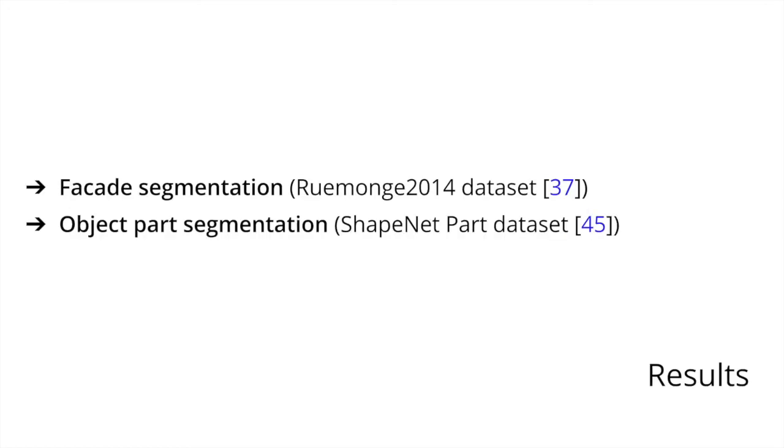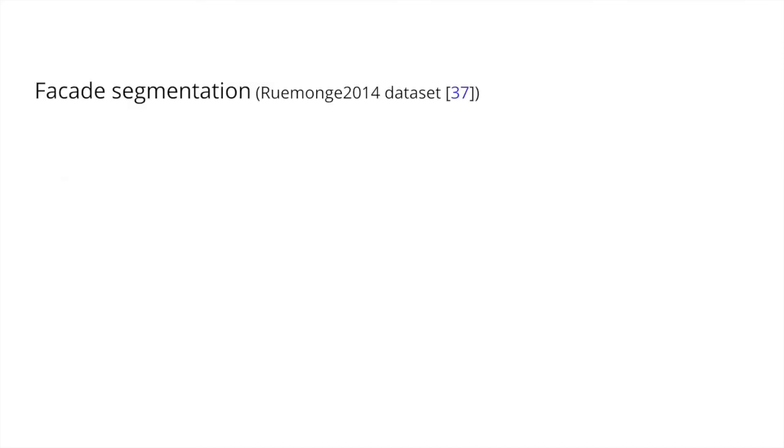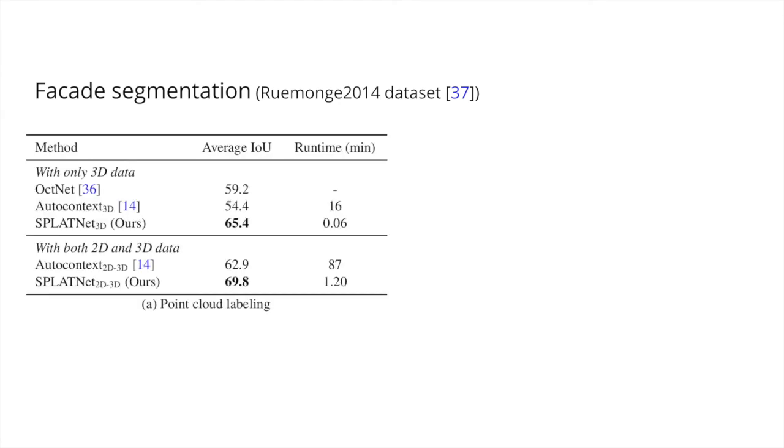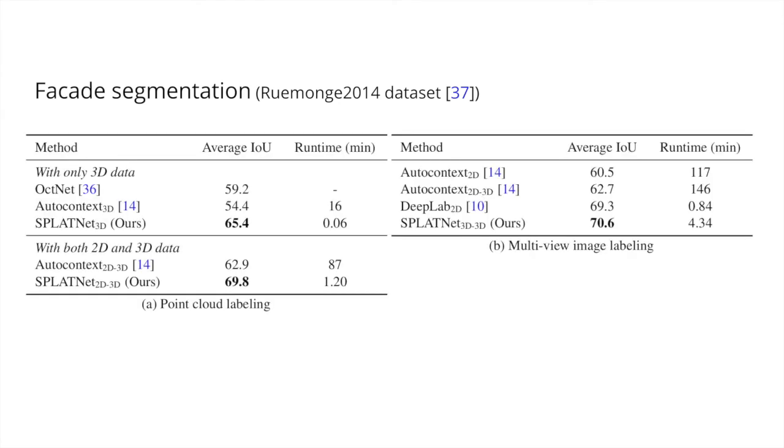We now present results on two tasks, facade segmentation and object part segmentation. On the RueMonge 2014 dataset, we achieved state-of-the-art performance on point cloud labeling as well as multi-view 2D labeling. Our method also compares favorably with existing methods in terms of runtime, which we attribute to our efficient operations on sparse lattices.